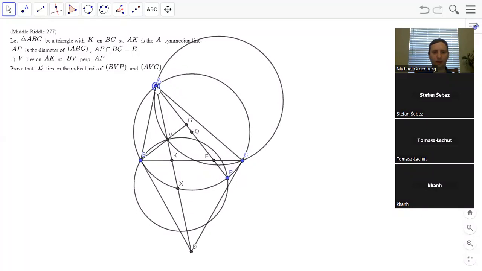If I make A more in this direction, then it looks better. So E and K are the feet of the diameter and this median.